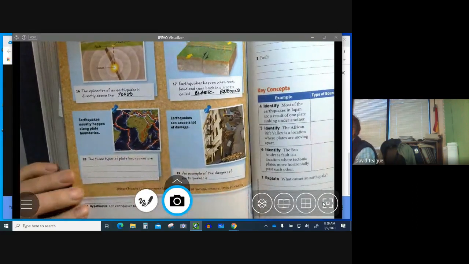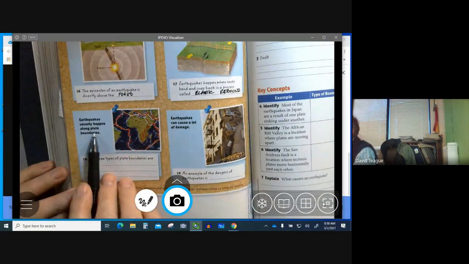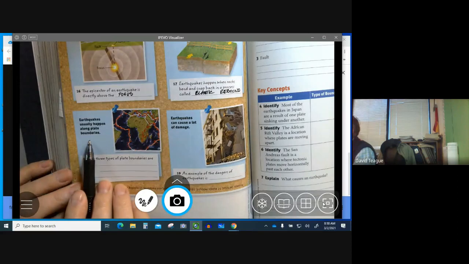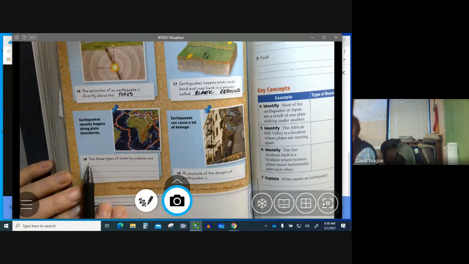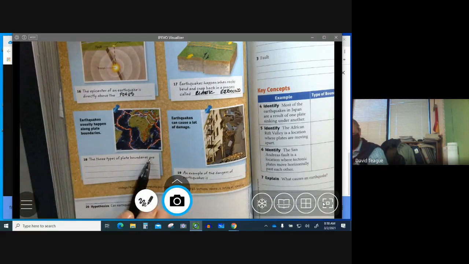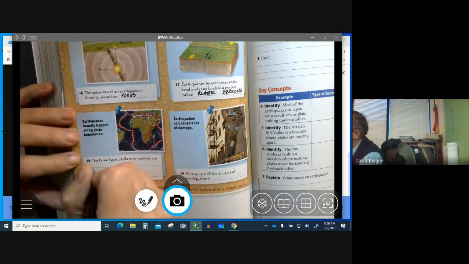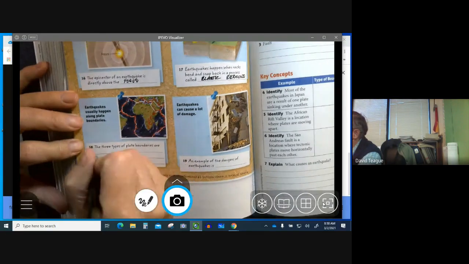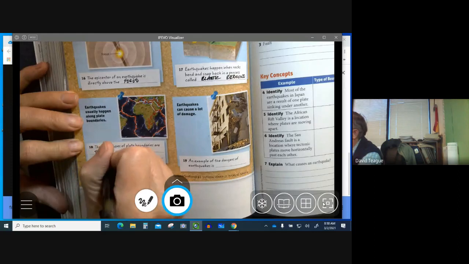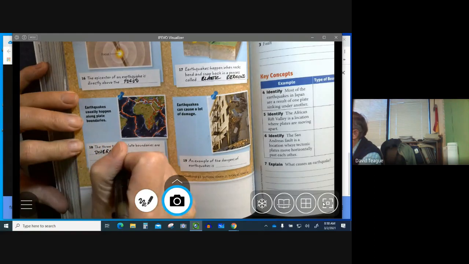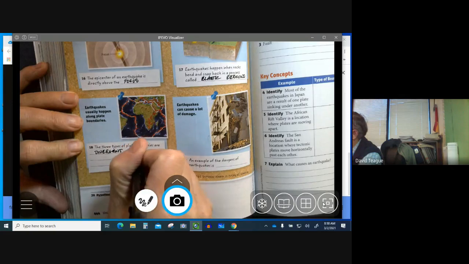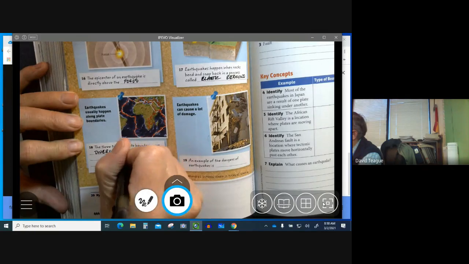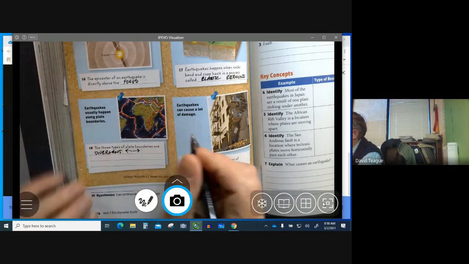Okay, number 18. Earthquakes usually happen along plate boundaries. The three types of plate boundaries are divergent, which means that they are going in opposite directions, pulling away from each other.